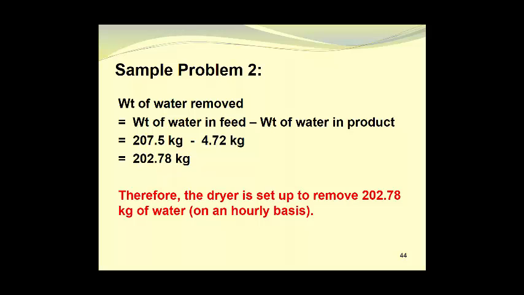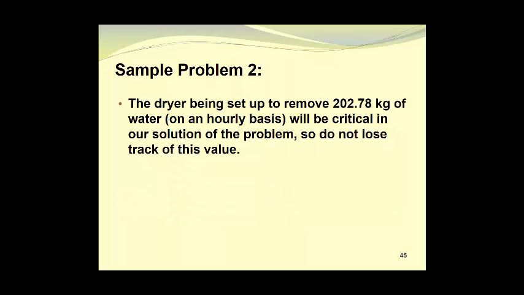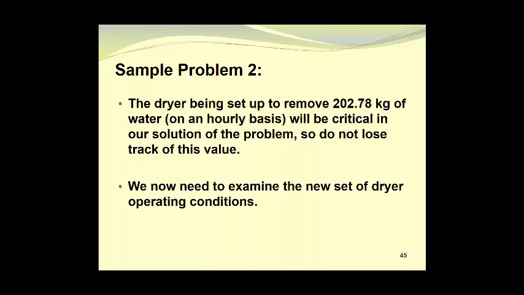Therefore, the dryer is set up to remove 202.78 kilograms of water on an hourly basis. The dryer being set up to remove 202.78 kilograms of water on an hourly basis will be critical in our solution of the problem, so do not lose track of this value.